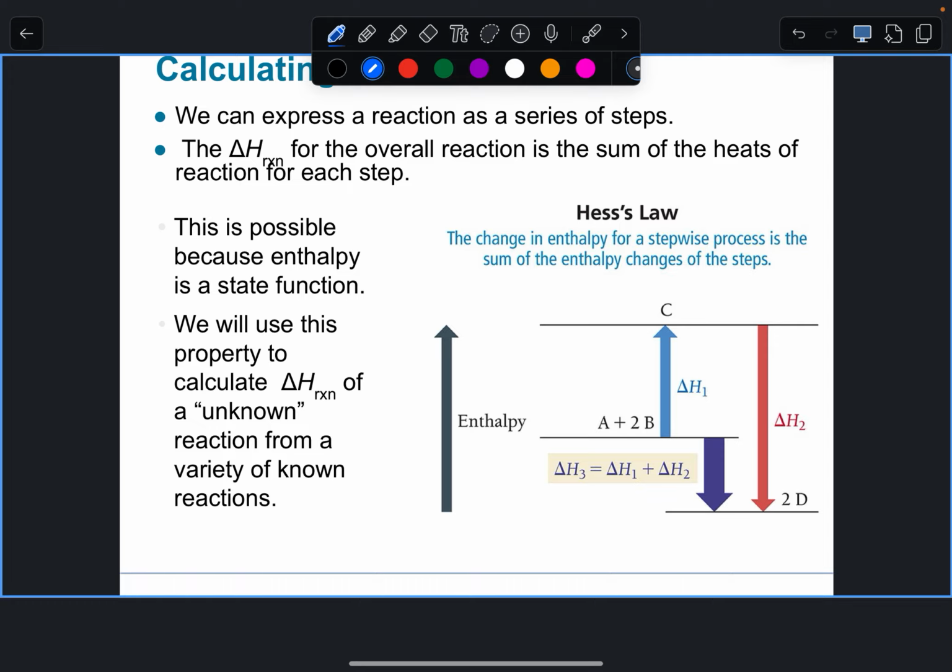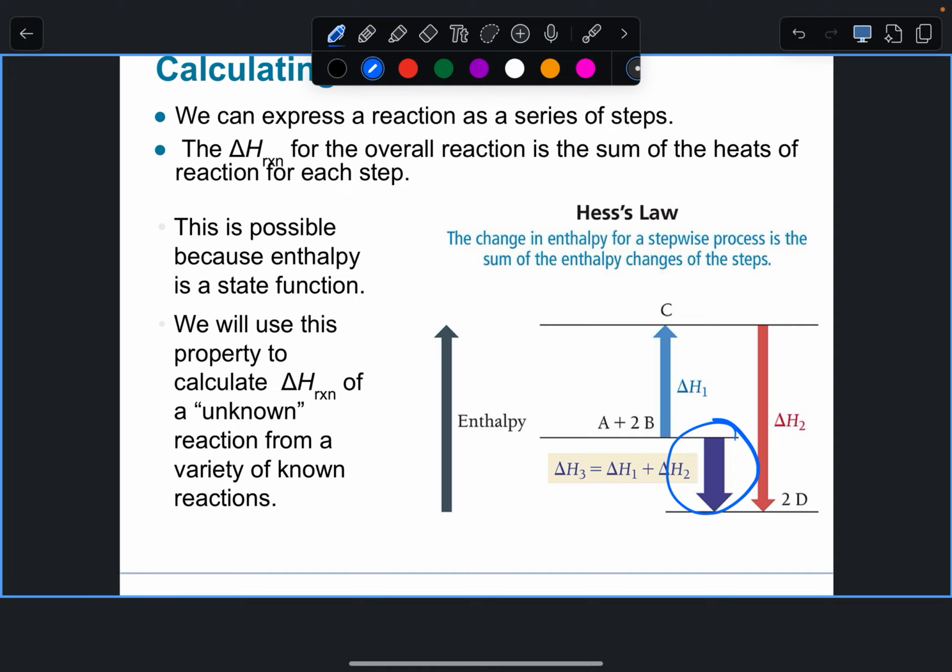So, for example, this blue arrow here is representing the reaction we want to know the enthalpy for. We want to know A plus 2B goes to 2D. What's that enthalpy? In order to find it, we're going to use different equations, like 1 and 2, that are labeled here. Maybe A plus 2B goes to C, so we know that.